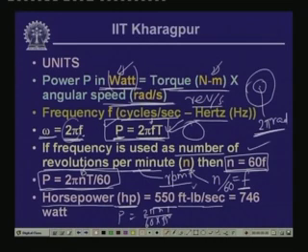So here P is in HP, horsepower, and T is in foot pound. Or roughly, approximately 1 horsepower is equal to 746 watt.